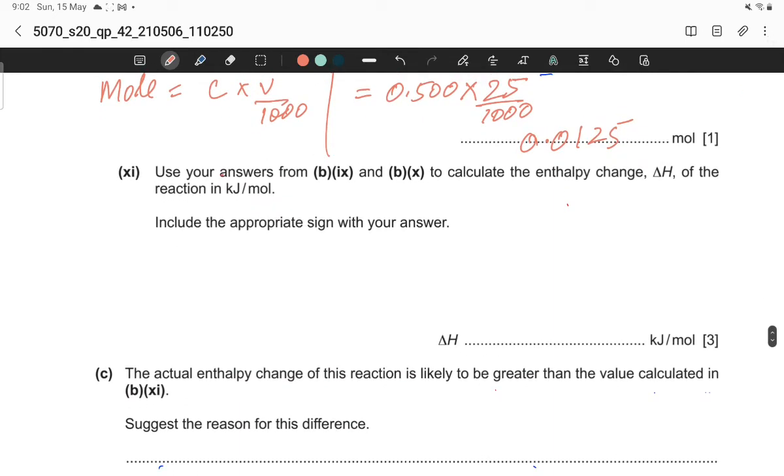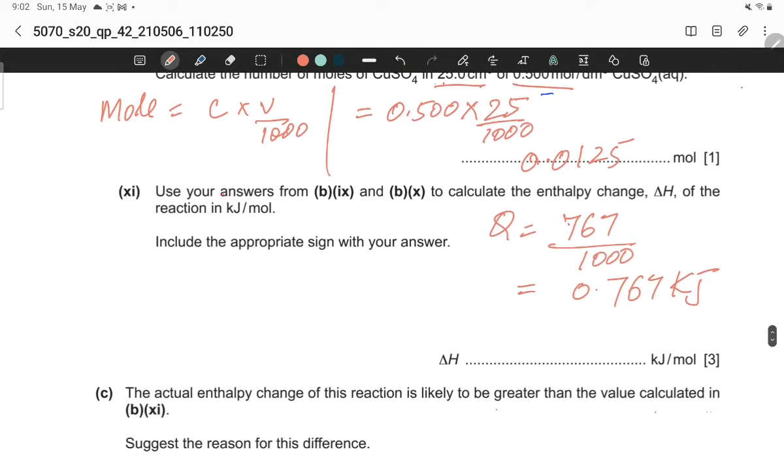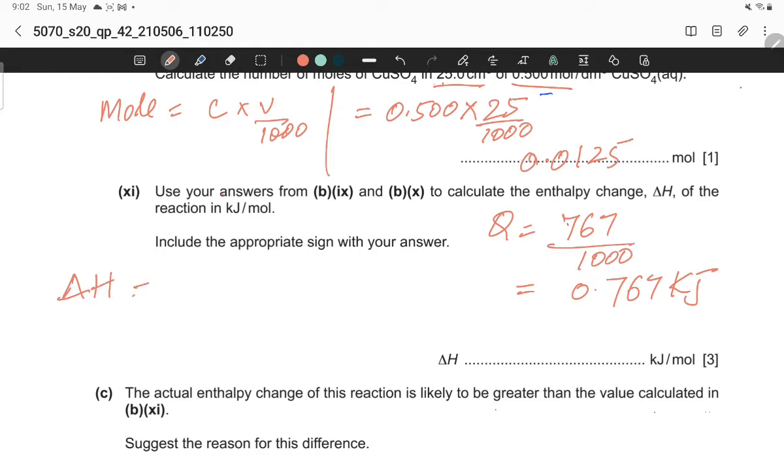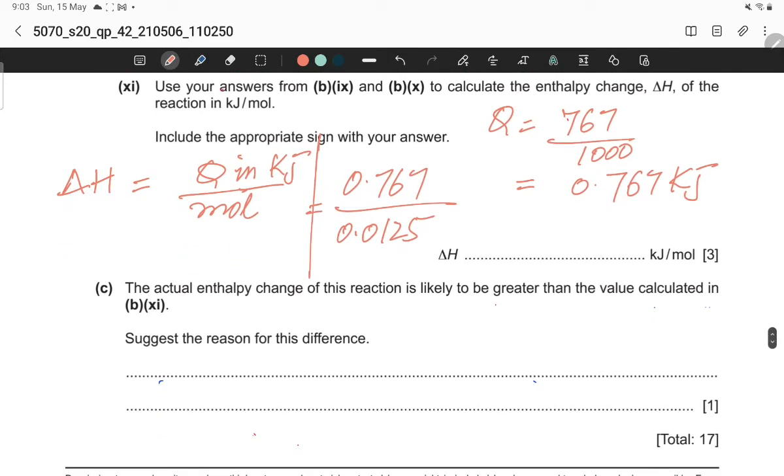Q is in joules, but it should be in kilojoules, so first convert Q: 767 divided by 1000 is equal to 0.767 kilojoules. So delta H is equal to Q over moles, in kilojoules per mole: 0.767 divided by 0.0125 is equal to 61.4 kilojoules.